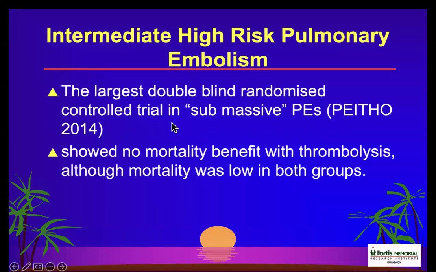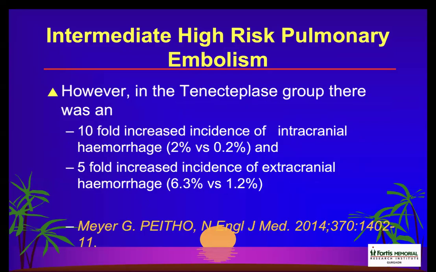The largest double-blind controlled trial in submassive, that is intermediate high-risk, pulmonary embolism was the PEITHO trial, published in 2014. It showed no mortality benefit with thrombolysis, although mortality was low in both groups, those where thrombolysis was done and those managed with anticoagulants.